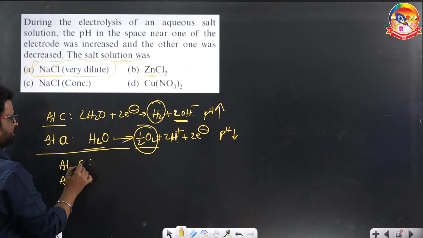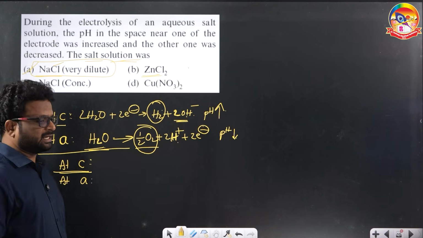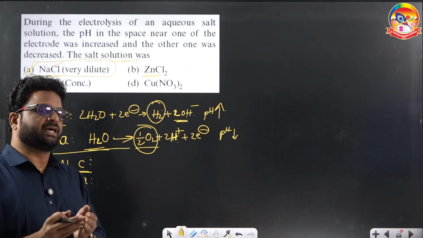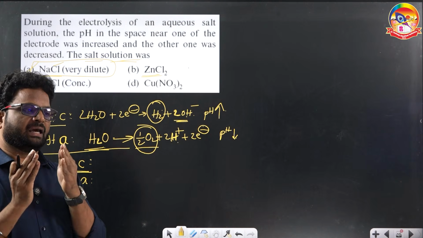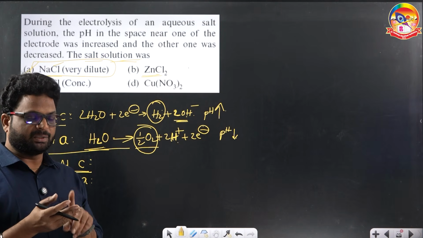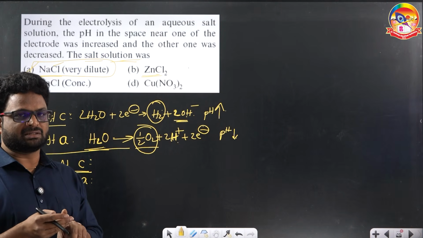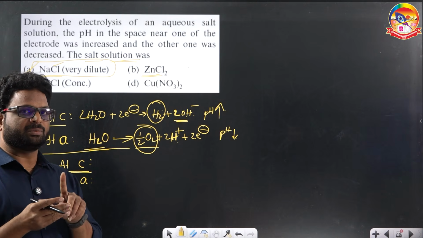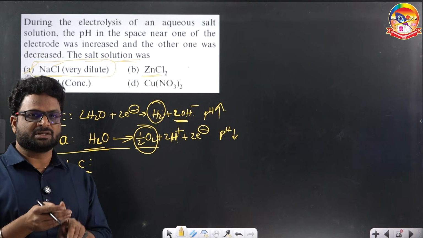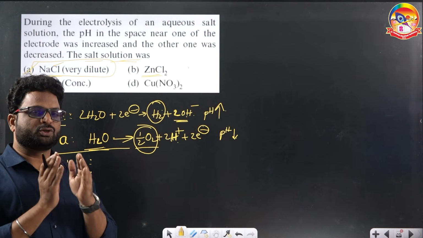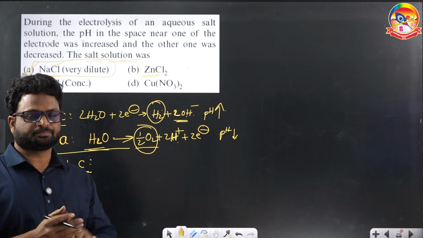I will give you a hint to decide the products. If an aqueous solution is taken, water can compete in the reduction reaction at the cathode. Whenever alkali metal, alkaline earth metal or aluminum ions are present in the solution, the preferable product will be hydrogen due to reduction of water.